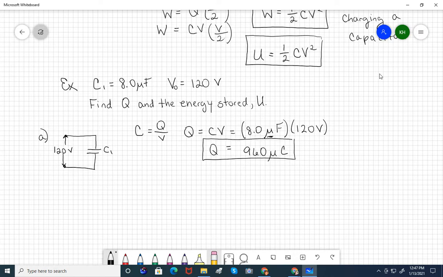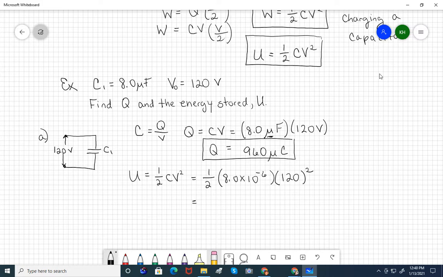The energy stored, 1/2 CV squared. This time I am going to have to put this in an SI unit because I want to get the energies in joules. I don't want to leave the micro hanging around. So I'm going to say 8.0 times 10 to the negative 6 for capacitance and 120 volts squared.